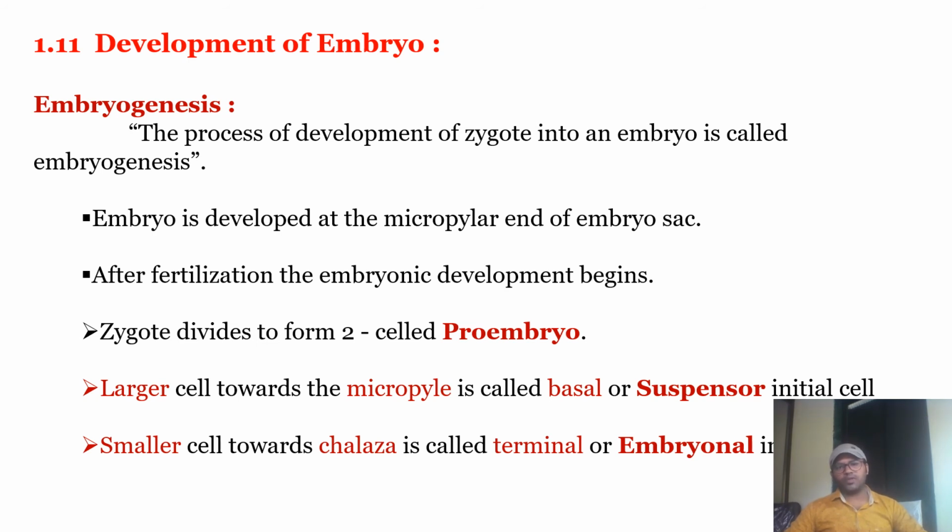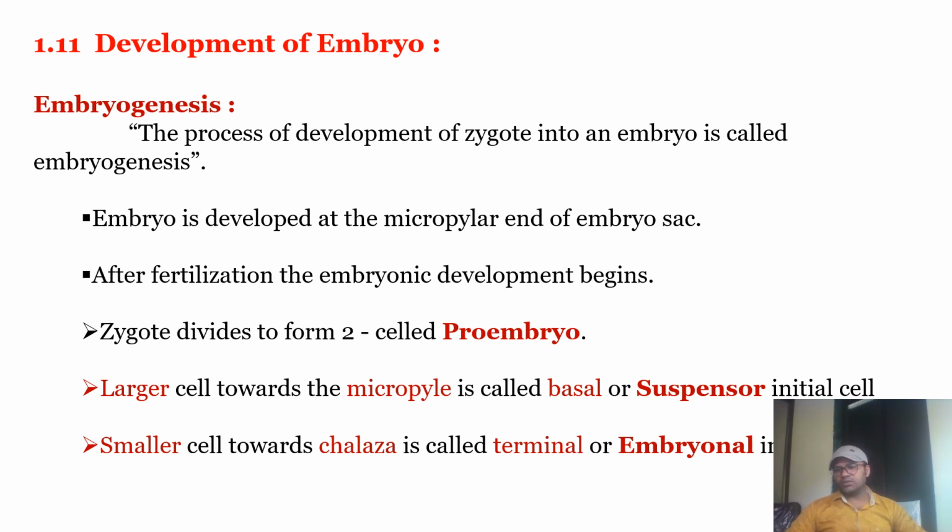Now let us see the development of the embryo, how the embryo gets developed. The process of development of the zygote into an embryo is called embryogenesis. This embryo is developed at the micropylar end of the embryo sac. So what happens? The zygote divides into a two-celled proembryo.